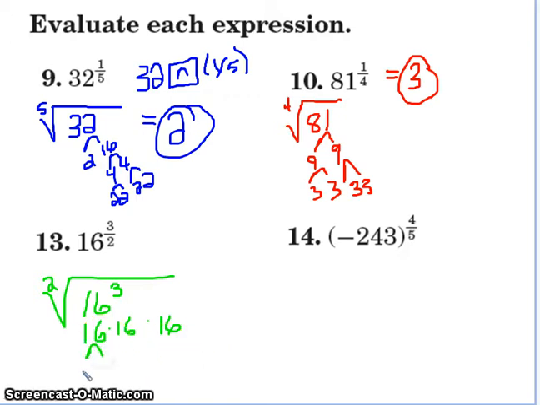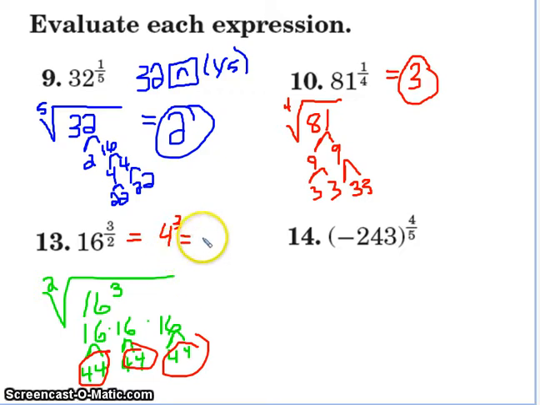If you wanted to split them all into 4s, 1, 2, 3, 4, 5, 6, that means we would have 1, 2, 3 groups of 4, or 4 to the third. You can say this is 4 to the third, and if you write that out, 4 to the third is going to be 16 times 4, which is 64. So our answer is actually 64.